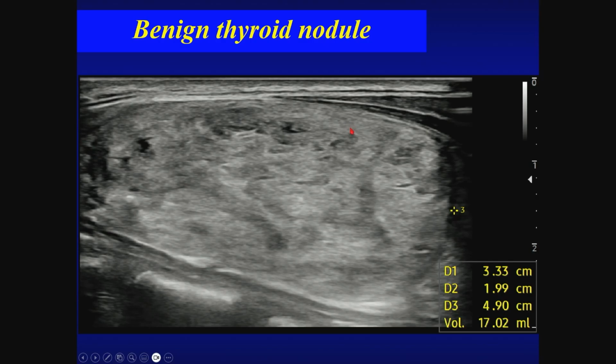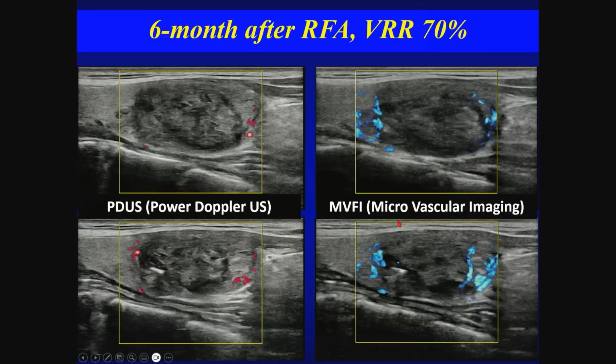As I introduced, vascular monitoring after radiofrequency ablation is mandatory. In this benign thyroid nodule, about 5 centimeters, we performed the first RF ablation, and this 6 months ultrasound feature shows a small amount of marginal vascularity on power Doppler.